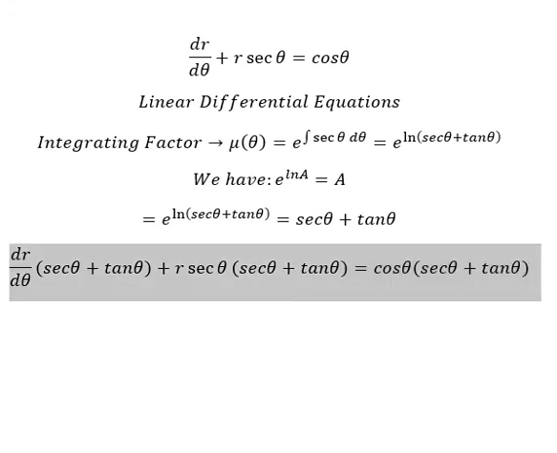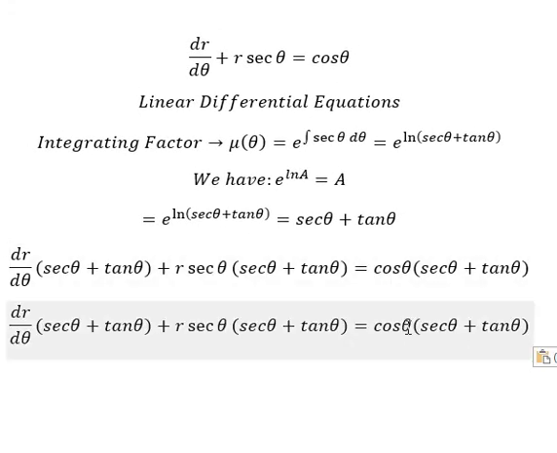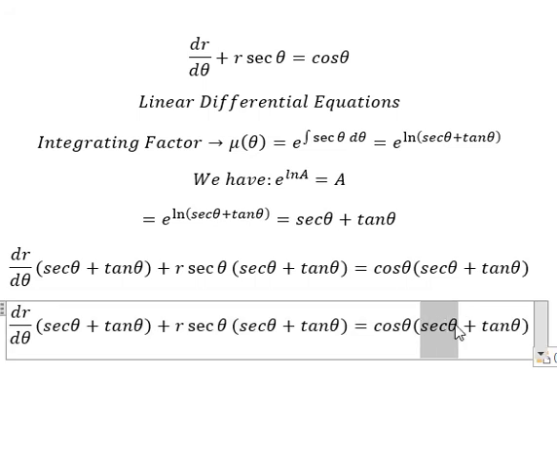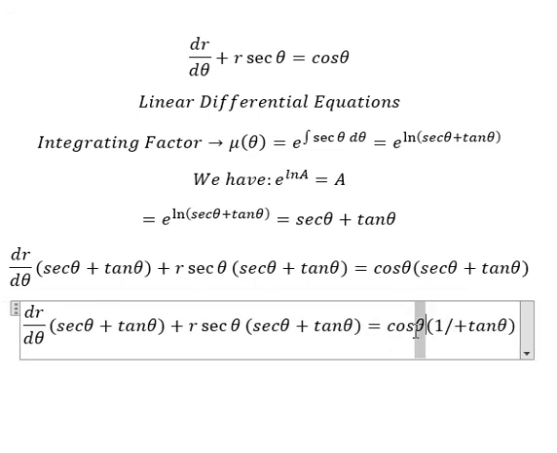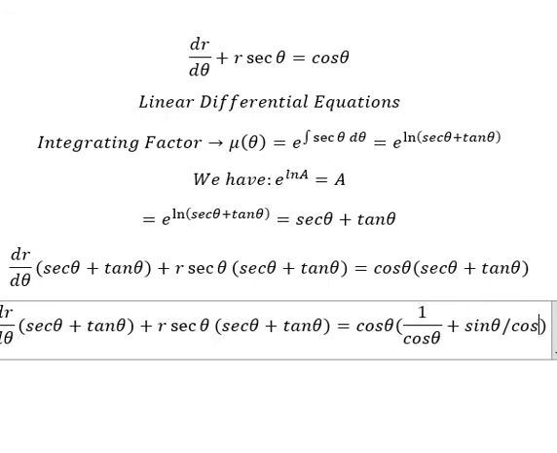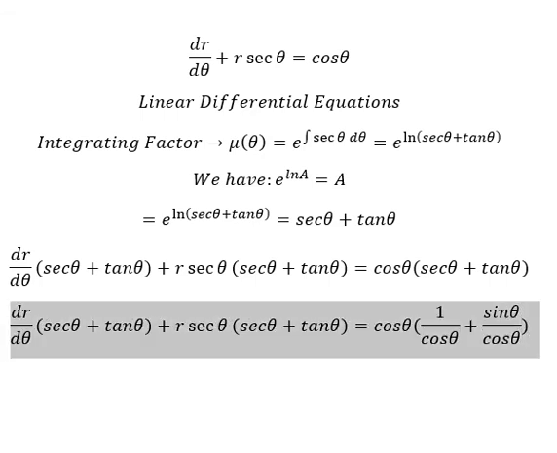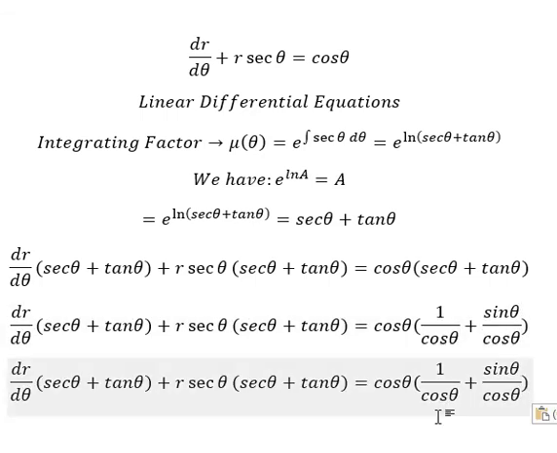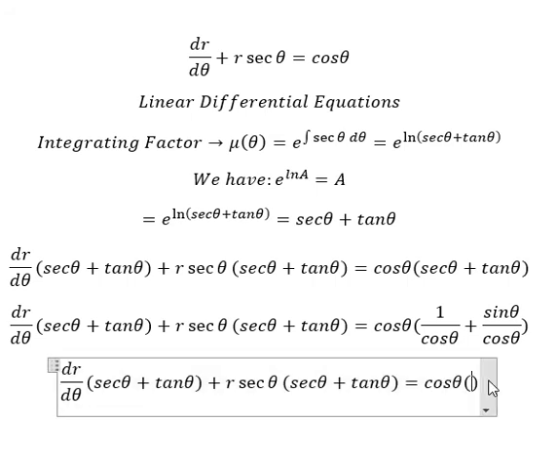Next, secant of theta is 1 over cosine theta. Tan theta is sine theta over cosine theta. And now cosine theta multiplied by this one.